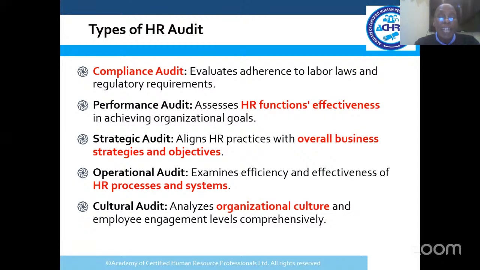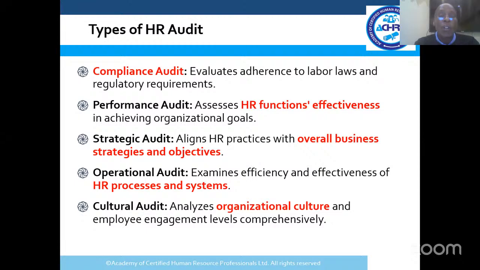Three, is there a training budget? And four, is the training evaluated at the end of it? So all these are audit aspects that we could look at in terms of training and development, because we are looking at the performance of training and development in our organization.